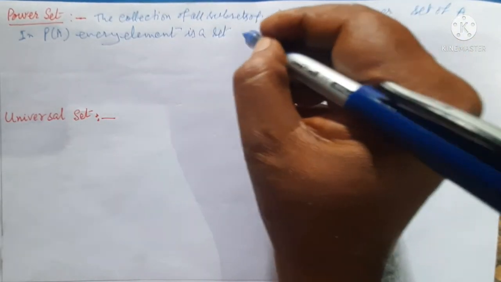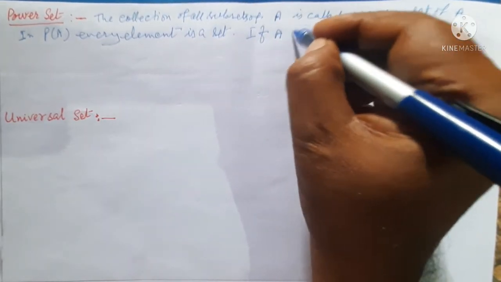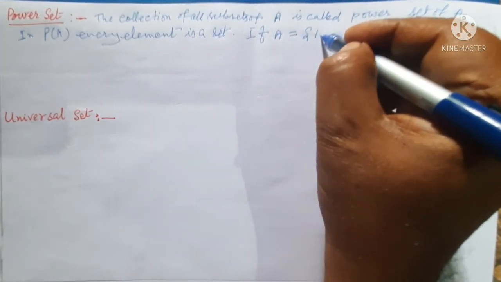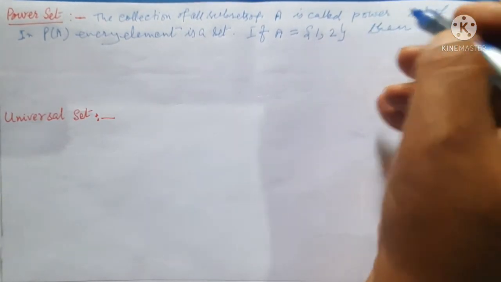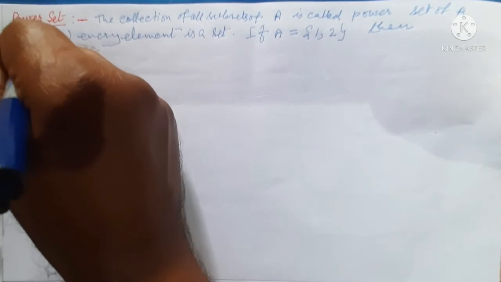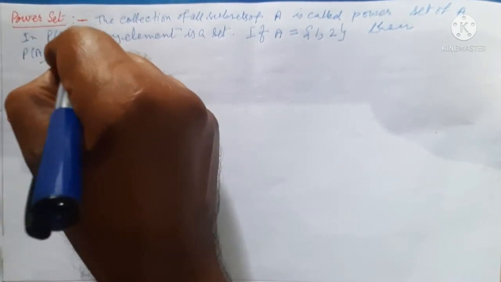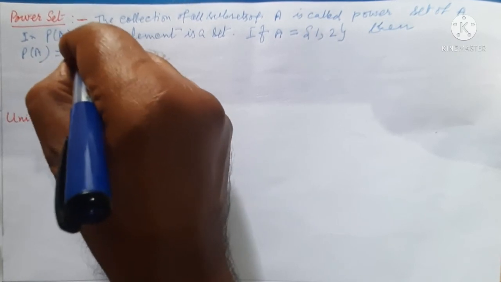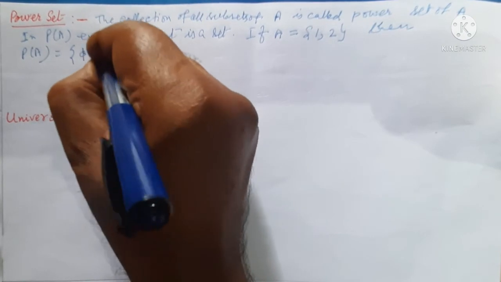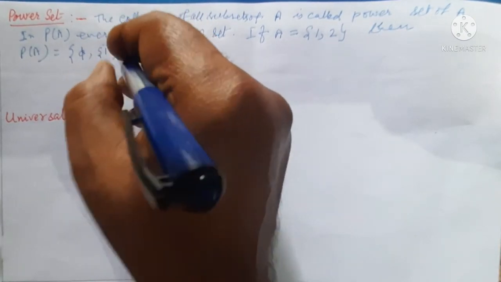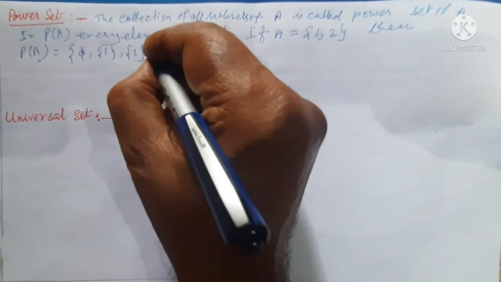If A is a set having elements 1, 2, then the power set of A is equal to the set containing the empty set phi, the set {1}, the set {2}, and the set {1, 2}.